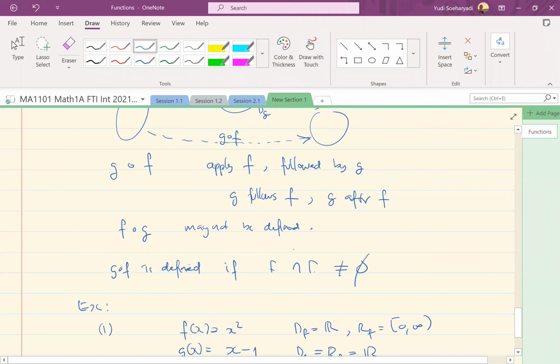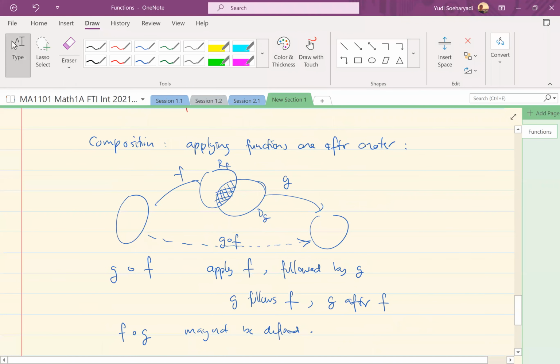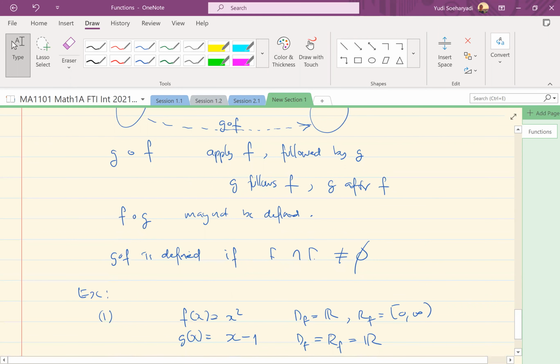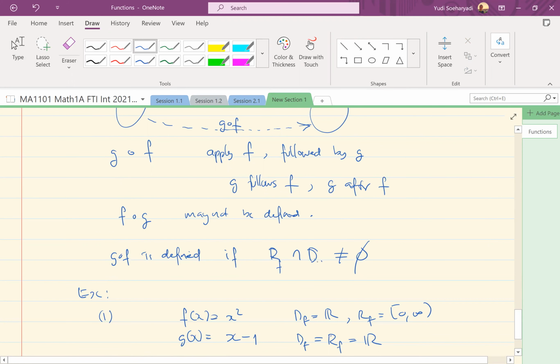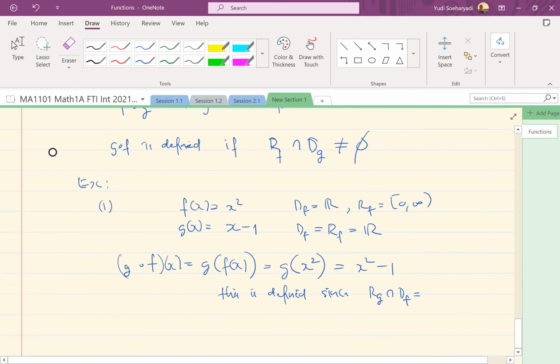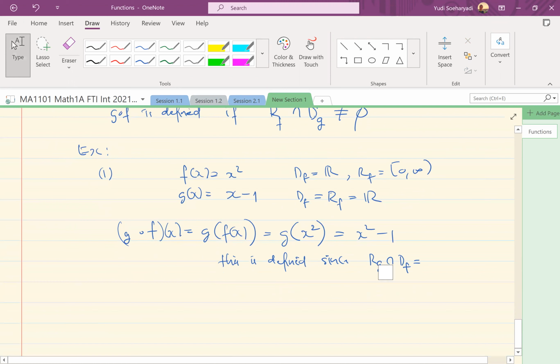Let's look at the picture again. The range of f intersect the domain of g. So the range of f, whatever comes first, intersect the domain of g.